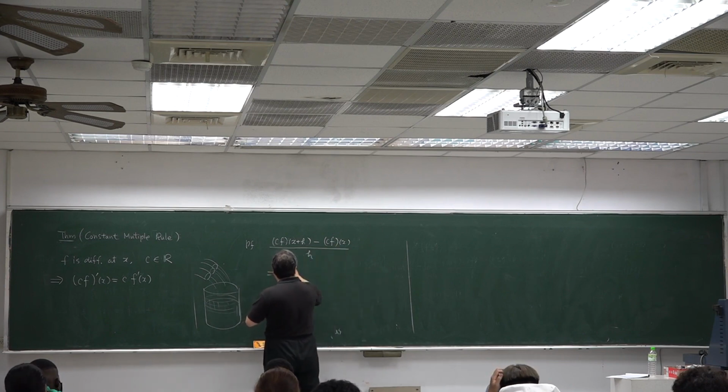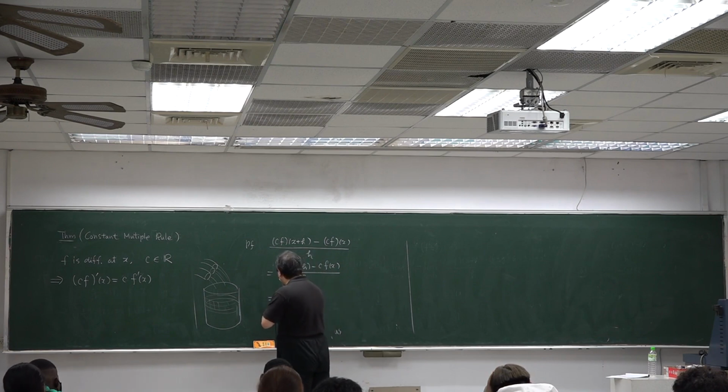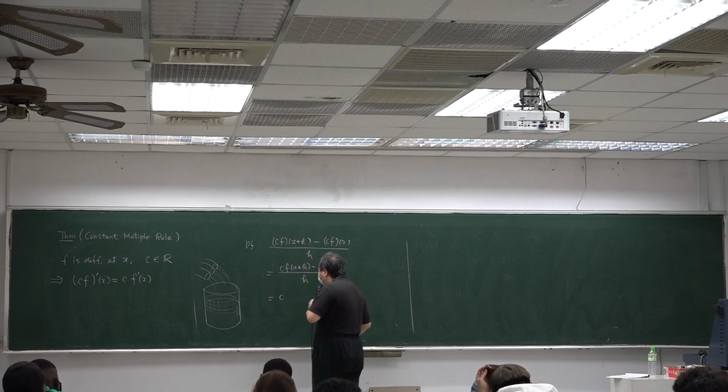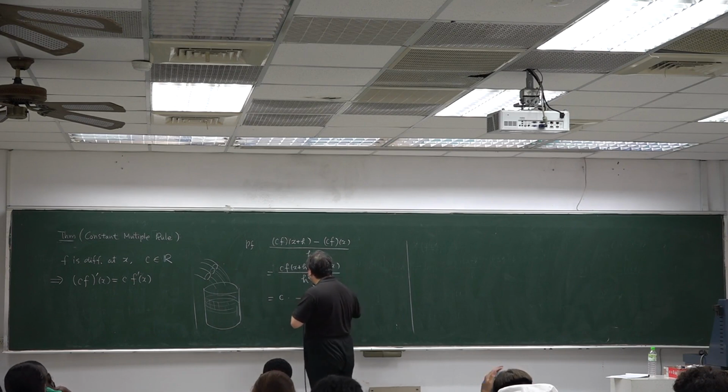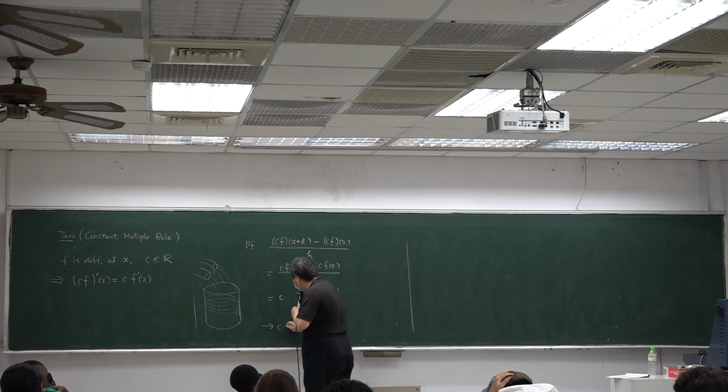By definition, this is c times f of x plus h. Since the distributive law, we certainly have this goes to c times f prime of x.